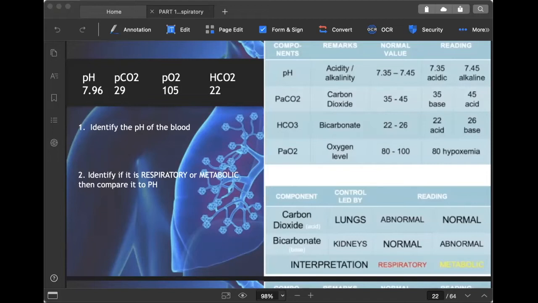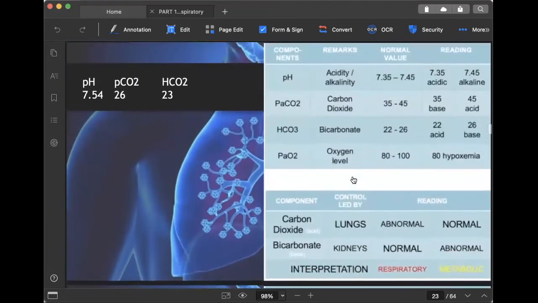So your bicarbonate is normal, while your carbon dioxide, which is your PaCO2, is 29, that is abnormal, that is considered as respiratory. And again, let's go back to the pH. The pH is alkalosis, so this one is respiratory alkalosis. Now, how about this one?